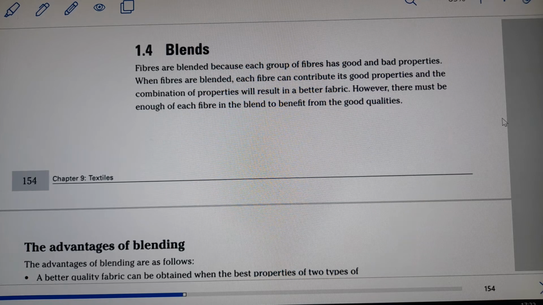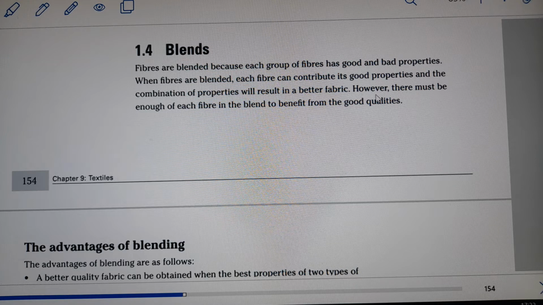Now we move to the 4th type of fibers, which are blends. I said the synonym for blend is mixing. You can mix different types of fibers here. So fibers are blended because each group of fibers has good and bad properties. When fibers are blended, each fiber can contribute its good properties, and the combination of the properties will result in a better fabric.